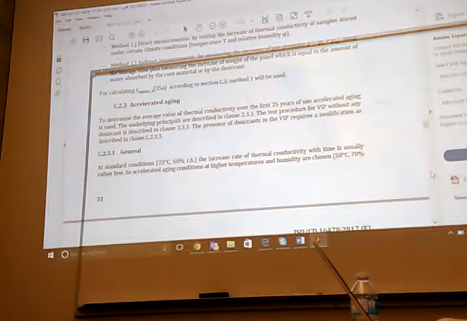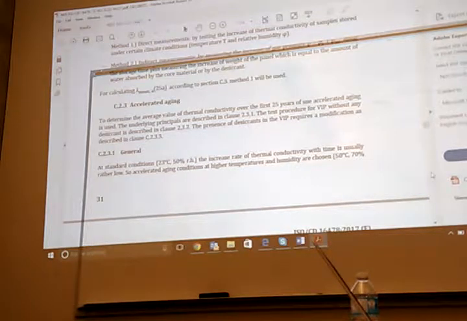To determine the average value of the thermal conductivity over the first 25 years, the use of accelerated aging is used. The underlying principles are described in clause C.2.3.1. The first procedure for VIP without any desiccant is described in C.2.3.2. The presence of desiccant in the VIP requires a modification described in C.2.3.3. We'll go through that.